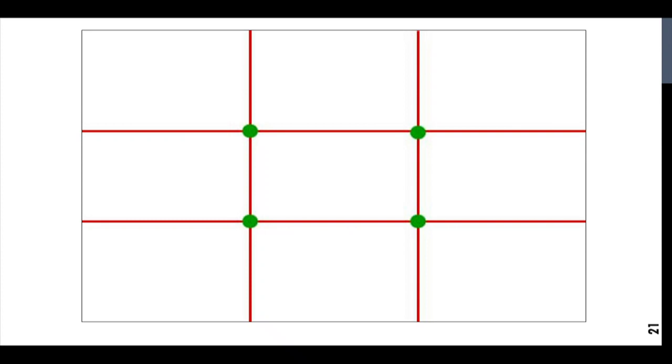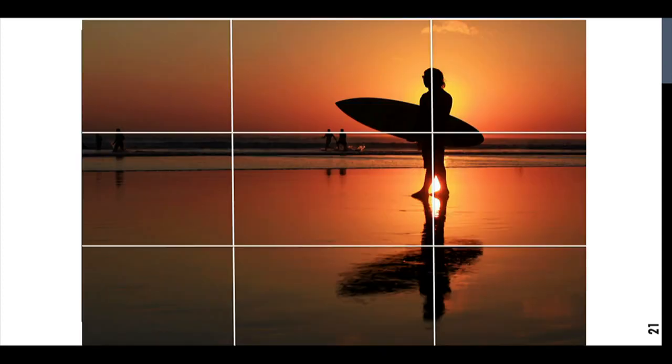It's based on an idea that we can cut the image into thirds. We can do this both horizontally and vertically, and where those lines intersect creates points of interest which we can use for dynamic compositions. You can see here that the placement of the surfer on the beach is really visually engaging because the rule of thirds has been used effectively and placed them in the top right point of interest.